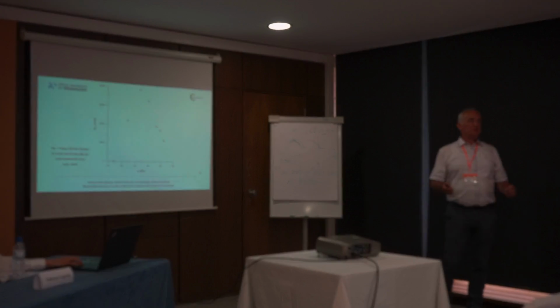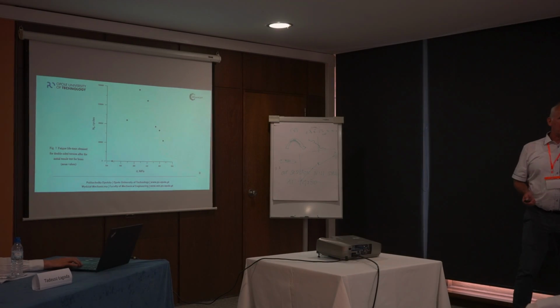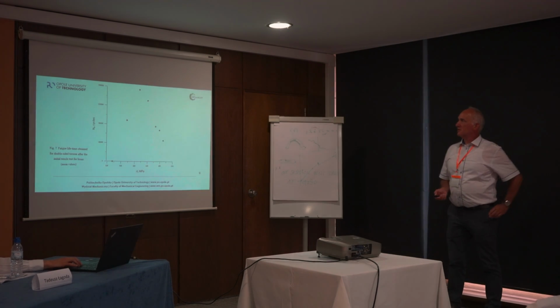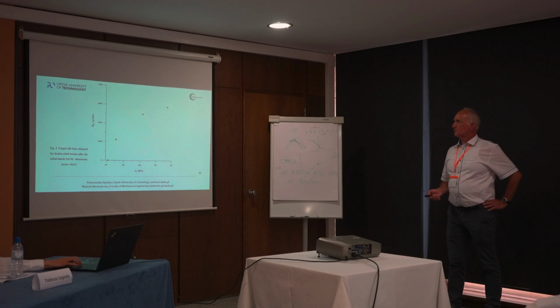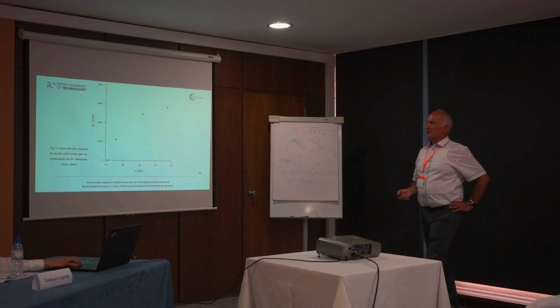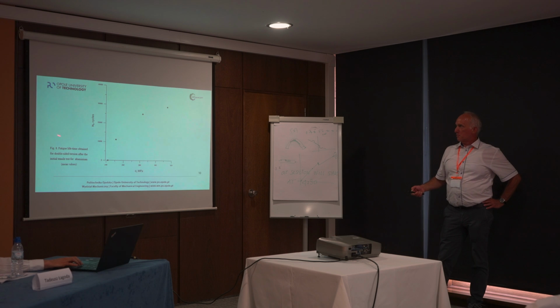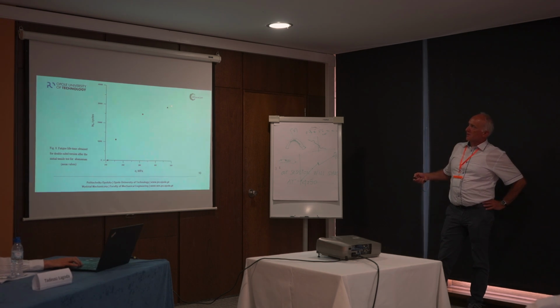Of course, it wasn't one point. Every time it was two or three specimens. It is a mean value. And here for aluminium alloy, we see that pre-stresses increase the number of cycles.